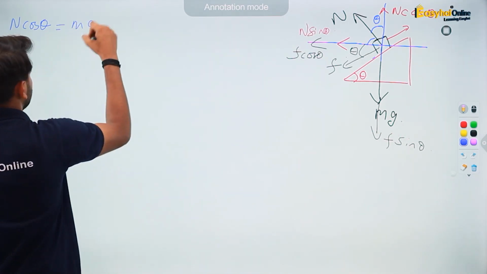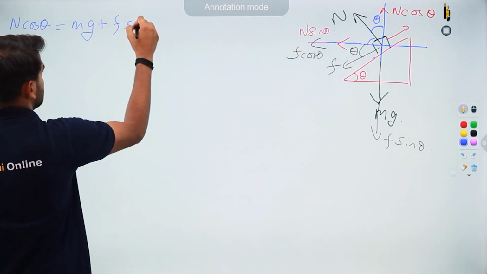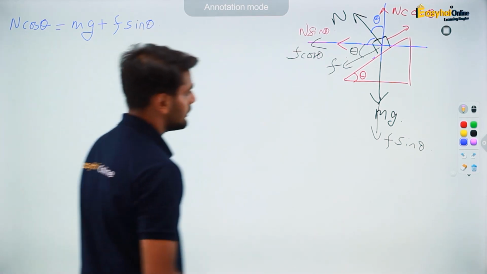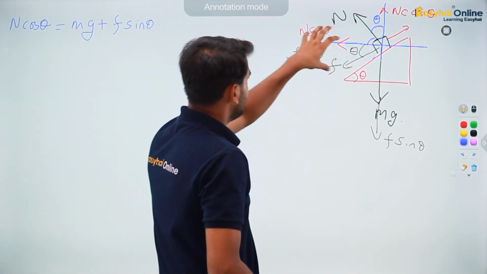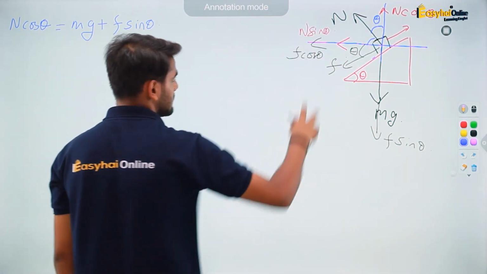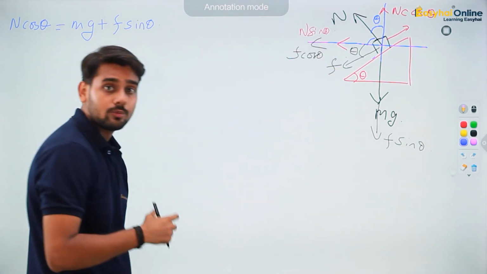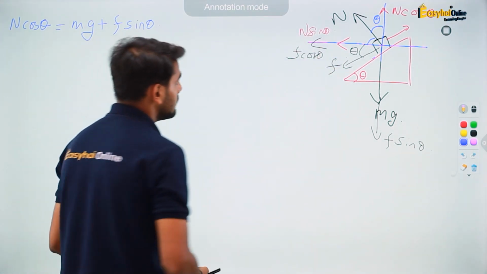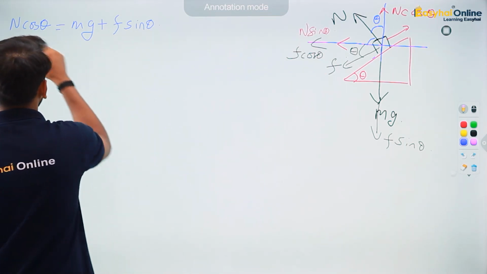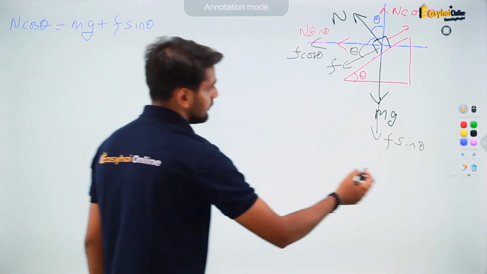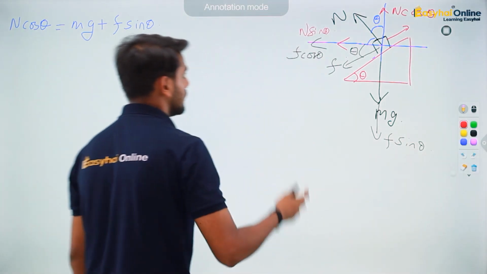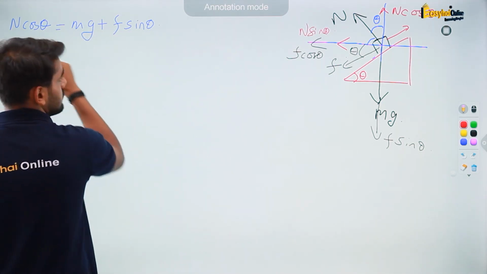This is equation 1. Along the x-axis, these forces are going to be equal to the centripetal force, which provides the necessary acceleration for the object to go under uniform circular motion.